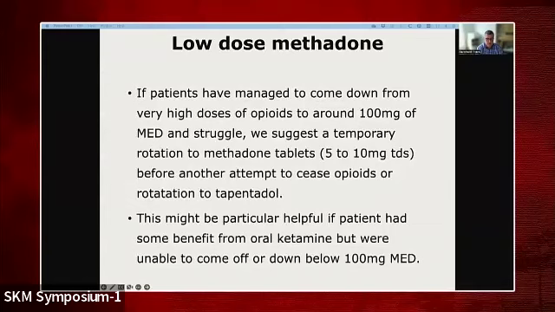On an outpatient basis, you can't really do this on any patient above 150 milligrams of morphine equivalent, but I try to get them down to 100 milligrams before offering this.